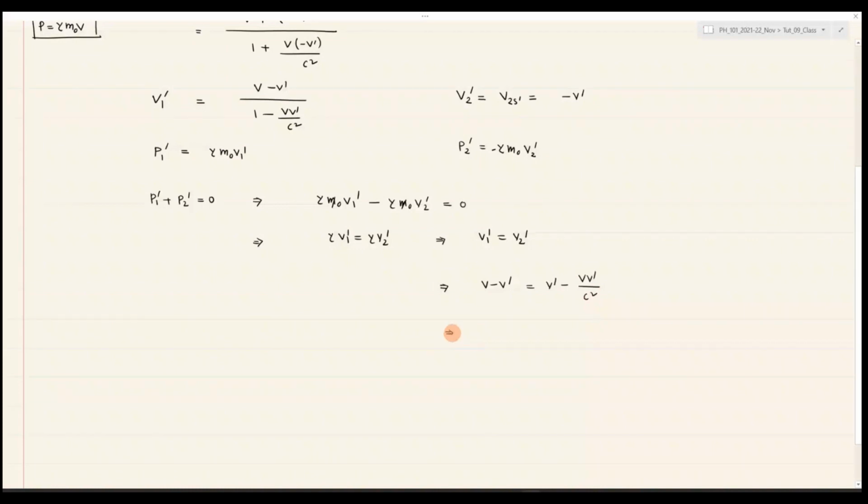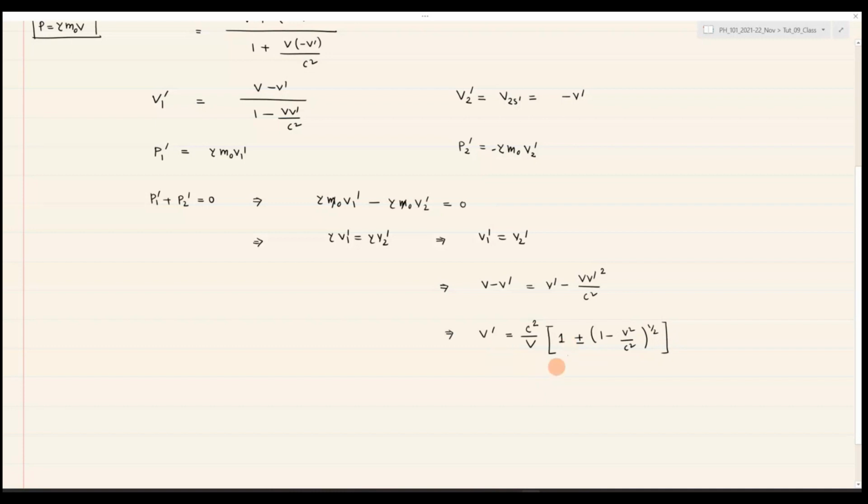If you solve this equation, it will come out as a quadratic equation in v prime. So your solution will look like v prime is equal to c square by v times 1 plus or minus (1 minus v square by c square) to the power half. This will be the speed of the frame.